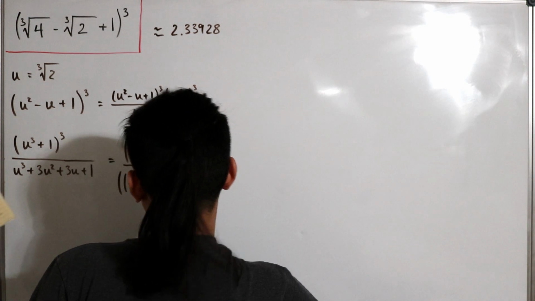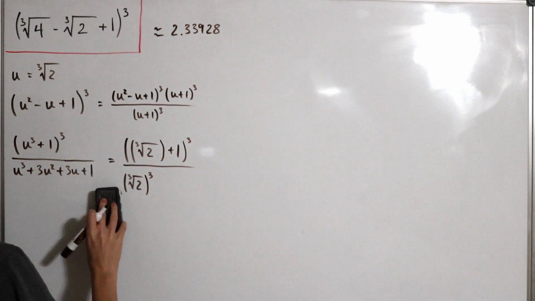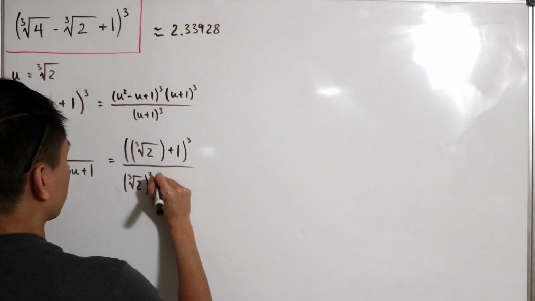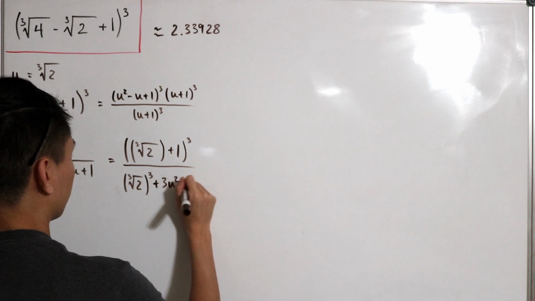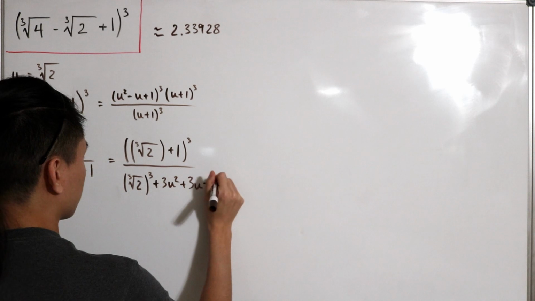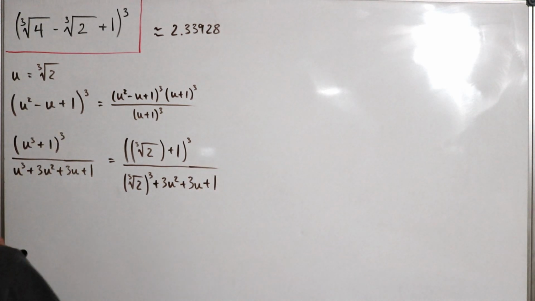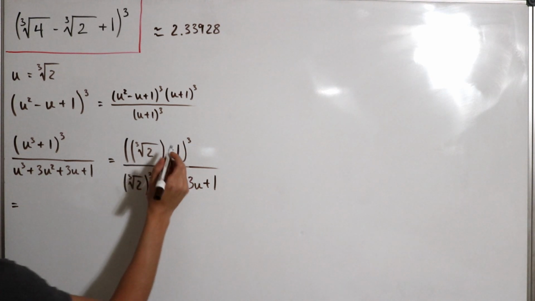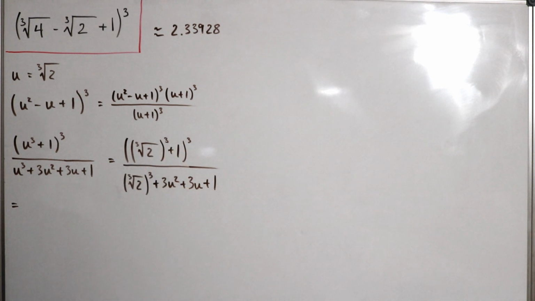I really don't need the parentheses right here, so I can get rid of that. Then plus 3u squared plus 3u and then plus 1. So over here, that's supposed to be a cube. All right, there we go.